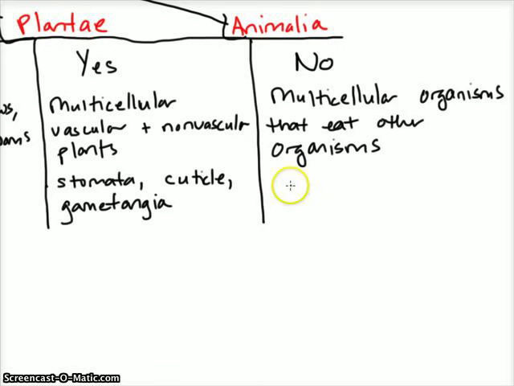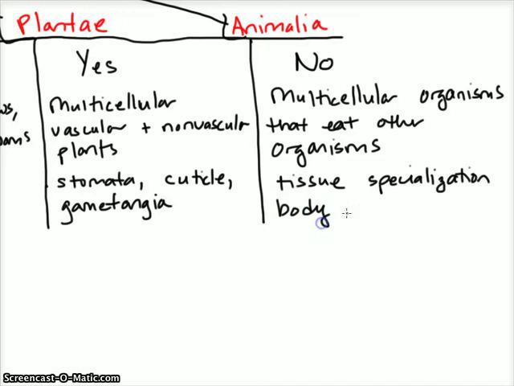And some of the special features of the kingdom Animalia are they have specialized tissue, so they have tissue specialization, and body organization.